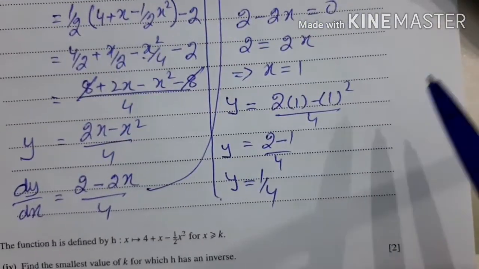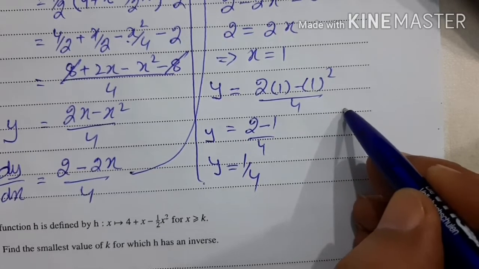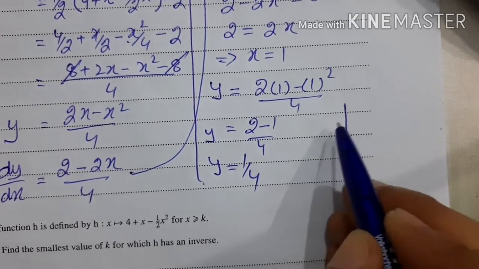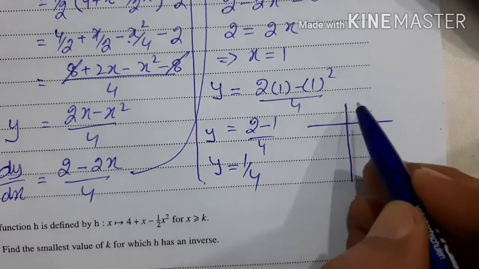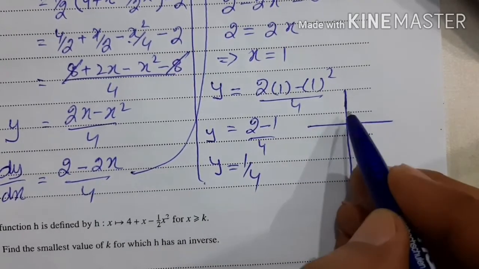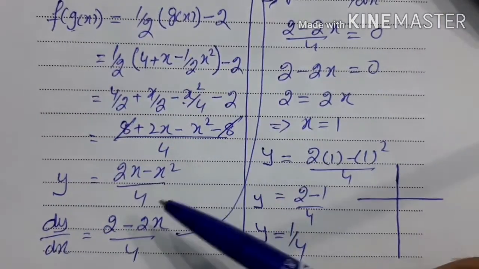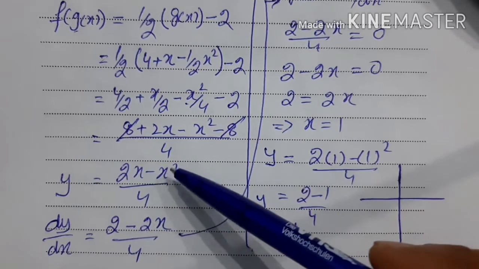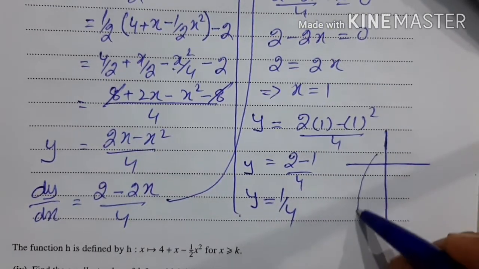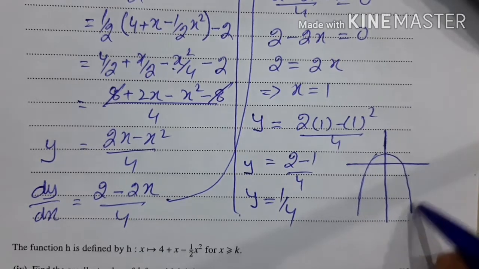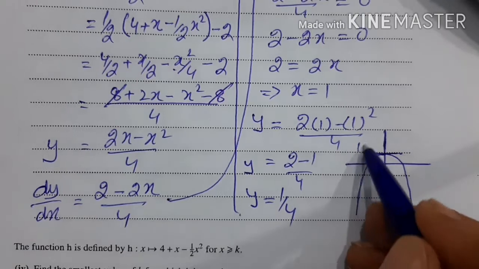So if we plot a parabola here, just for the understanding, because this got a negative value, it means the parabola's opening is at the bottom, like this. So this is y equal to 1 over 4.